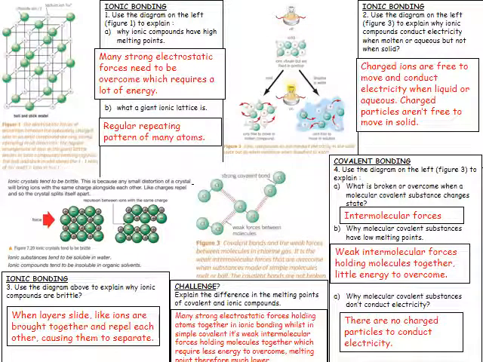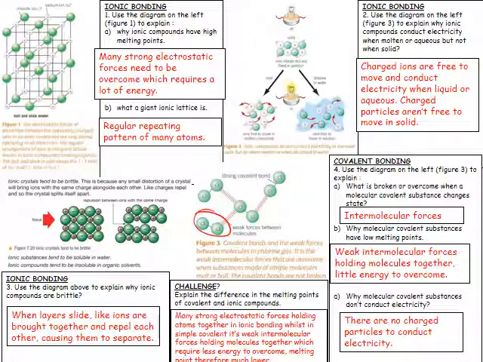Now, I just want you to note that this is one thing that a lot of students get wrong. When you're talking about simple covalent structures, that is your chlorine here, when there are molecules of chlorine, molecules of a covalent substance, then there are weak intermolecular forces between the molecules.